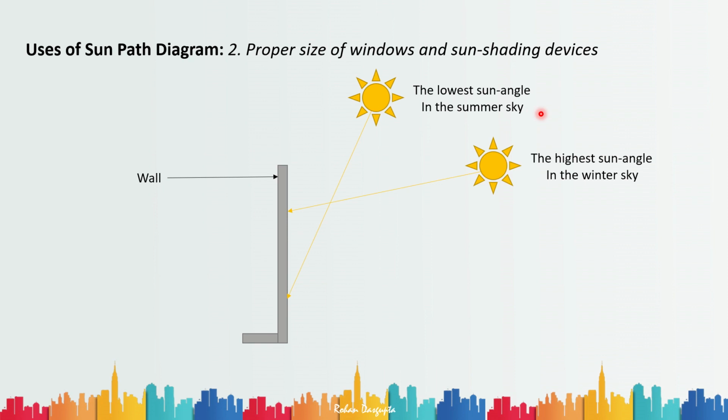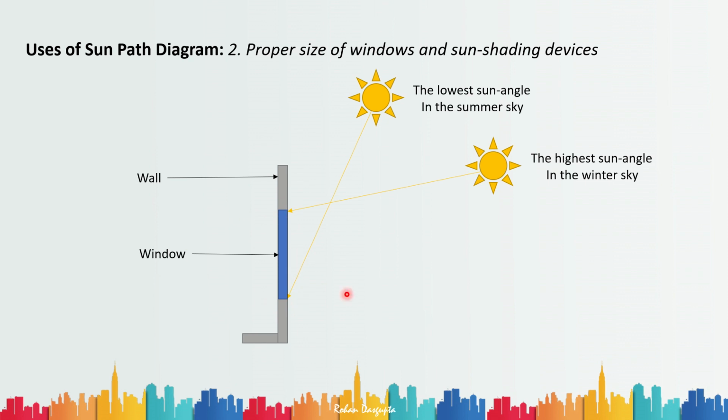So it makes sense that if you place a window like this, isn't it? If you place the window like this, then what will happen? You will get the correct benefit of the sunlight the way you wish to have the sunlight in your house, isn't it? So this is how you can place the window.